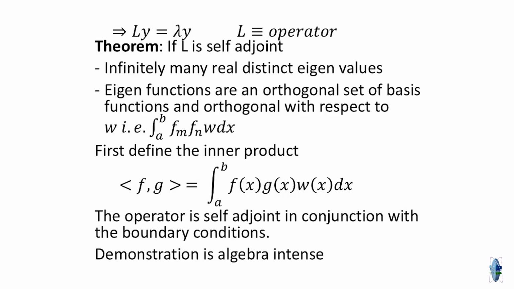Now, what has orthogonality to do with this 90-degree business as far as functions are concerned? We said let us not worry about it. Don't try to visualize any of this. When we had vectors, they were 90 degrees, we could visualize it. But when we are talking about functions, this is my definition of orthogonal functions. This is equal to 0. And my inner product definition is slightly different than what we had.